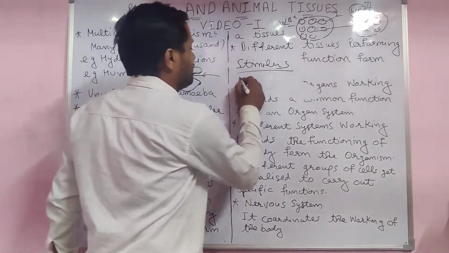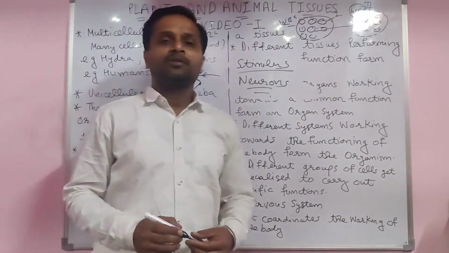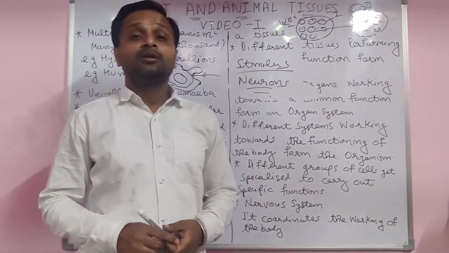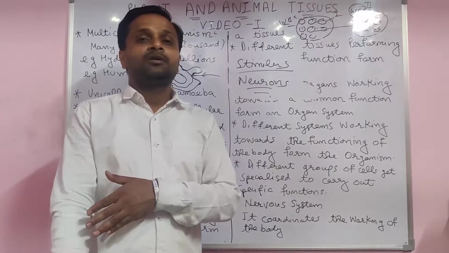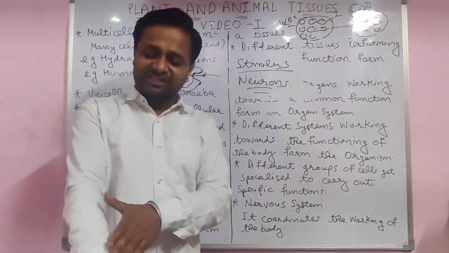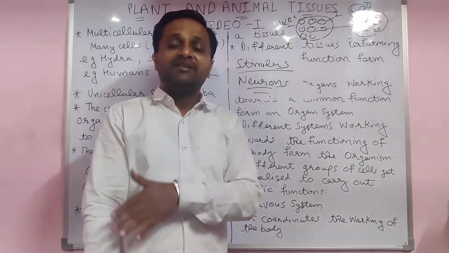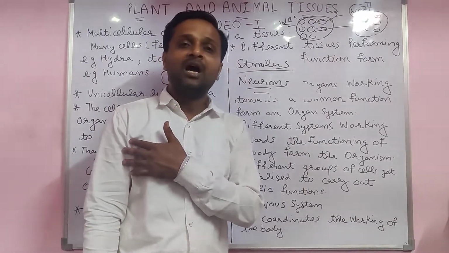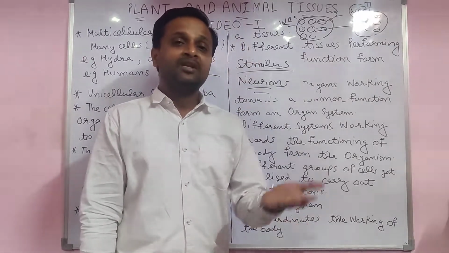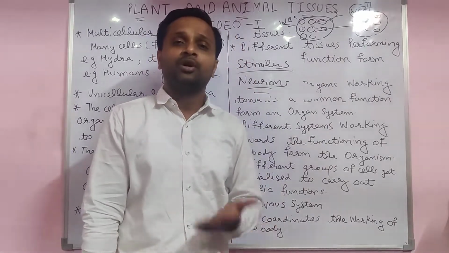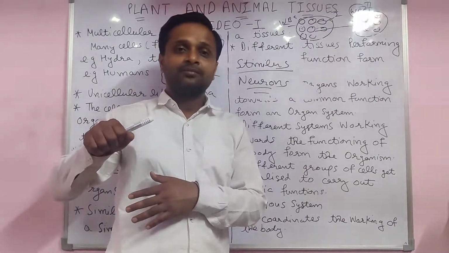Sensory neurons take the message and give it to the brain. The brain takes the decision about what we have to do. It gives the message to the motor neuron, and the motor neuron gives the message to the muscles, and that is why muscles contract.